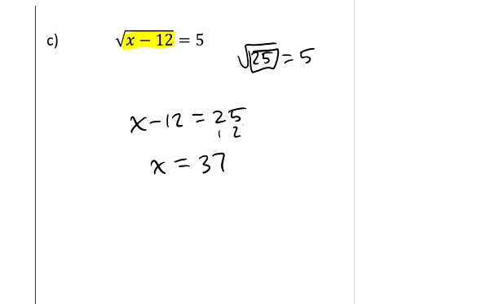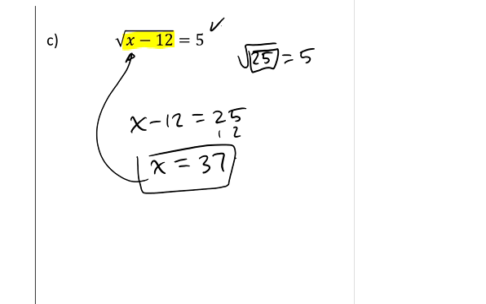Everyone together, 5 plus 2 is 7, and 2 plus 1 is 3, so it's 37. And again, if I plug the 37 into here, this is me doing a check. 37 minus 12 is 25, and the square root of 25 is 5. So when I put 37 in for x, it makes the left and the right hand side both equal to 5.